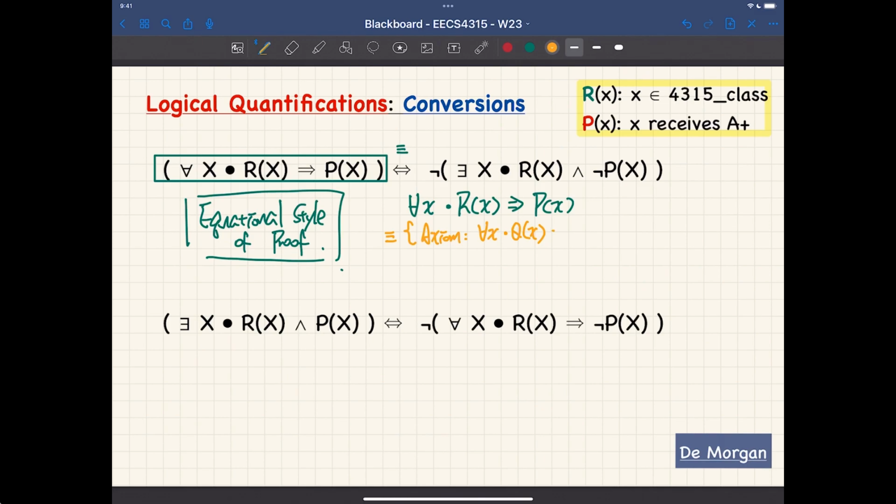This is equivalent to not there exists x, not q(x). Okay, I'll let you guys digest this one here very quickly. So this is an axiom, which we said you don't need to prove. That's something taken for granted. And based on this axiom here, we can turn this left-hand side to the right-hand side over here. Okay, let's now do that.